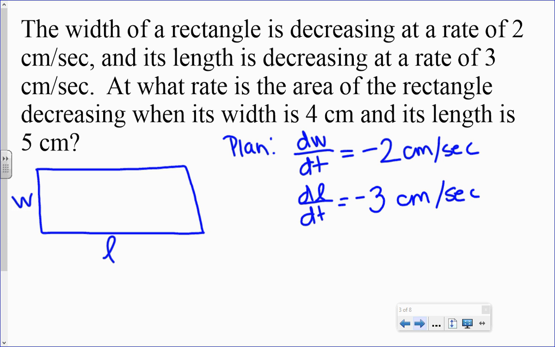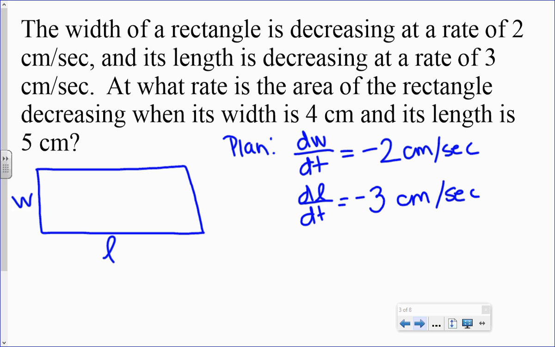Okay. At what rate is the area decreasing when the width is 4 and the length is 5? So what are we looking for? After 1 second, how much smaller is the area? Okay, so if we call the area A, are we looking for A? What are we looking for?